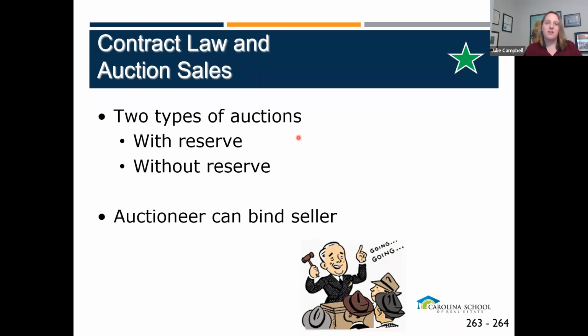What's the very next thing we're going to do? Get it in writing. But the seller is already bound. The auctioneer has that power, that authority to speak on behalf of, to bind the seller for that. Questions on that?